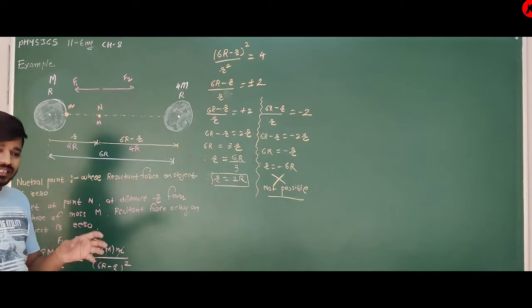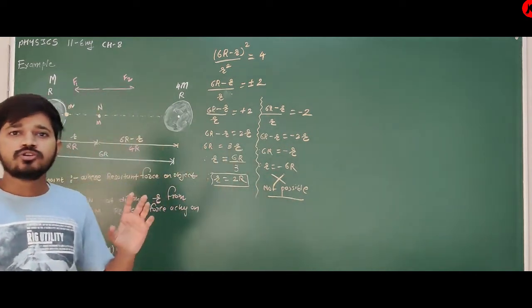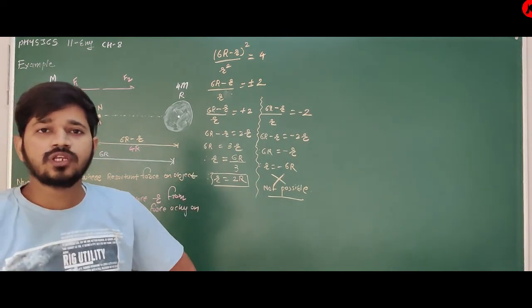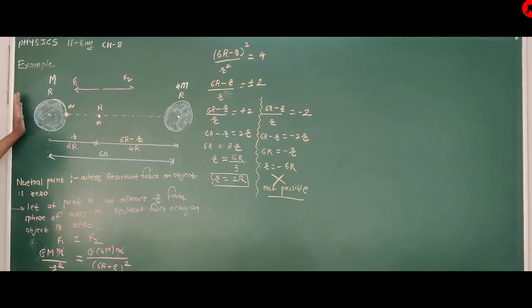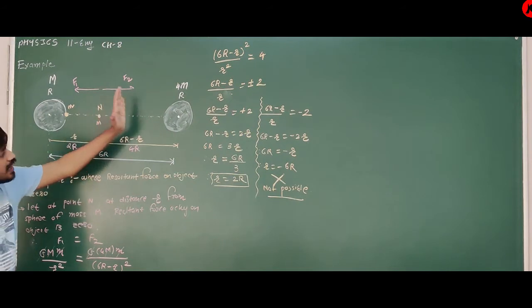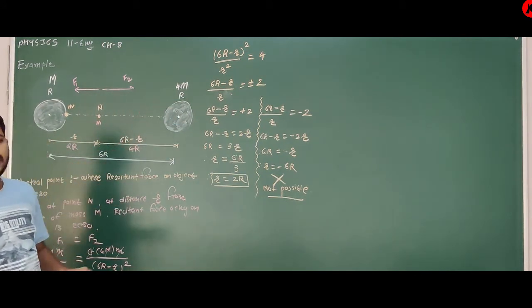Once it enters the field of another planet, then due to its gravitational force, it will rotate. So we have to throw this object up to some distance only. Then after, it is attracted by the field of this object itself.